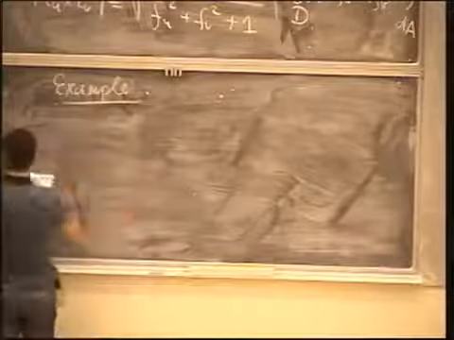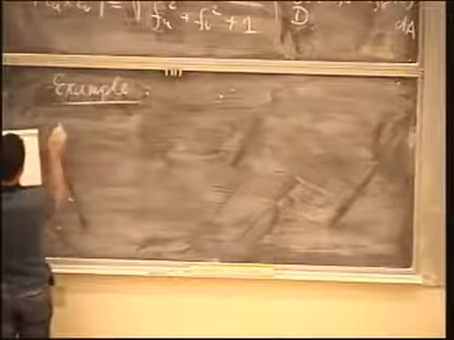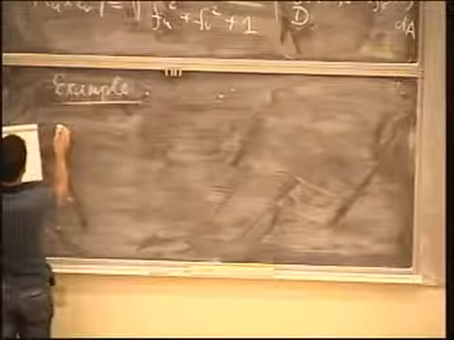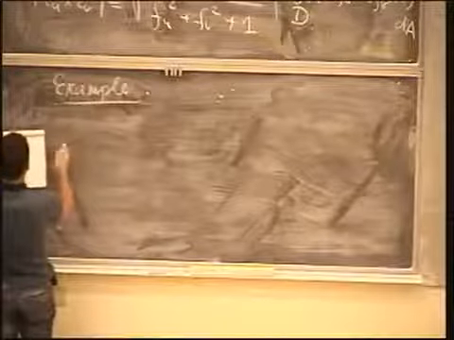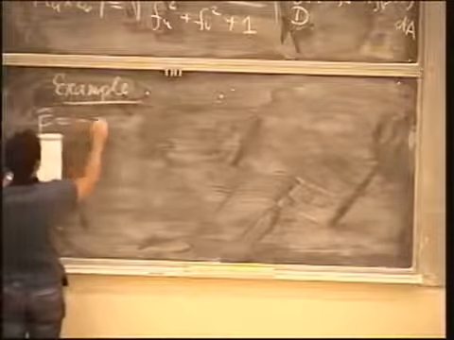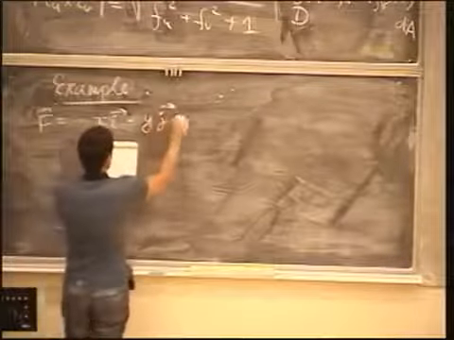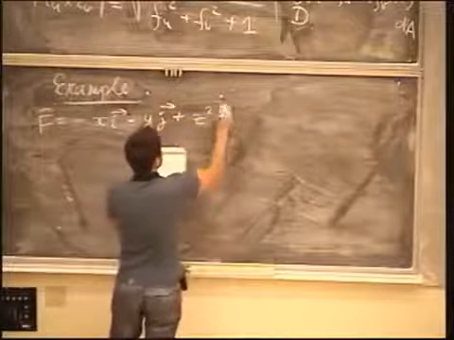So here is one example. Find the flux of the vector field F, which is minus x i minus y j plus z squared k.